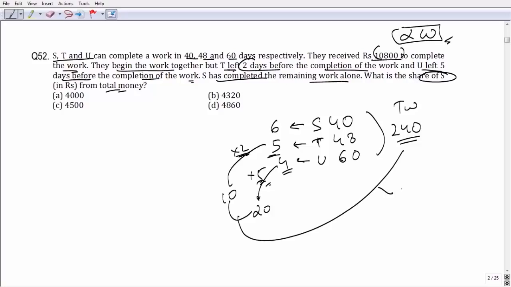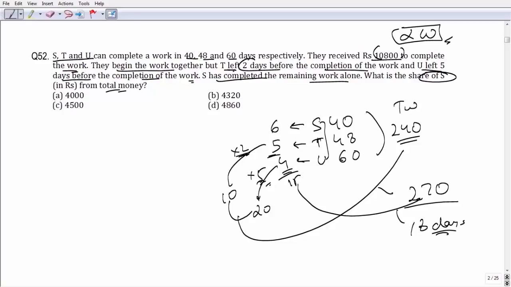That means now we are going to assume 270 units of work, which all three of them together will do, with a total efficiency of 15 units. And with a total efficiency of 15 units, the total number of days taken turns out to be 18 days.